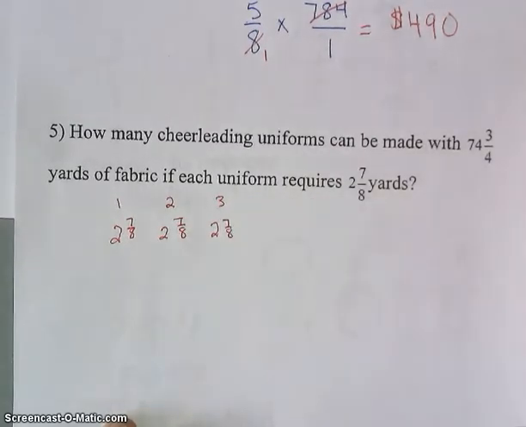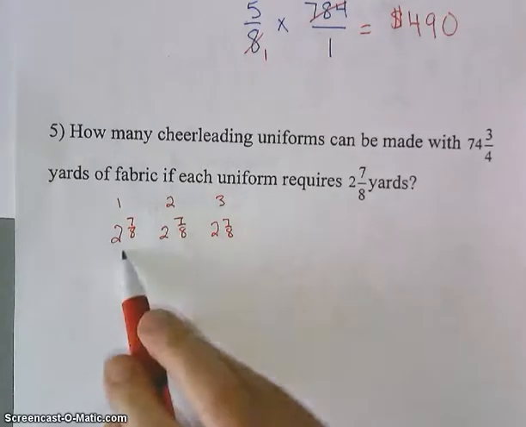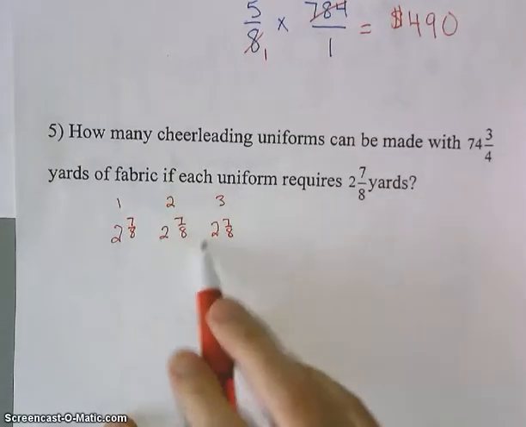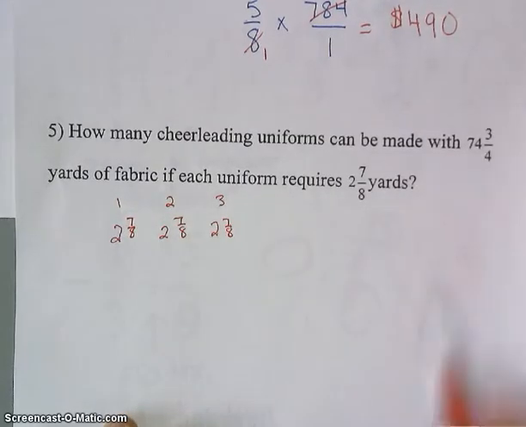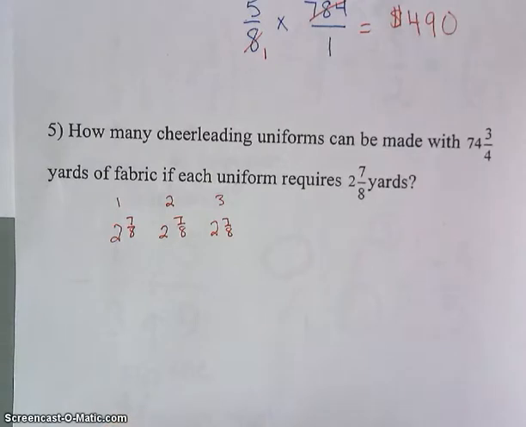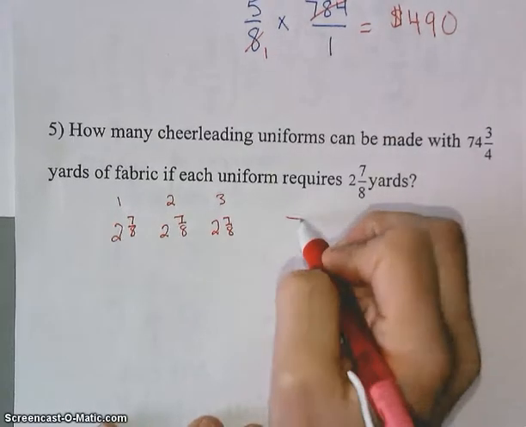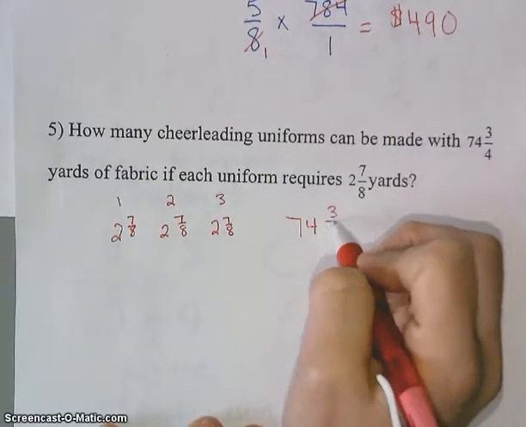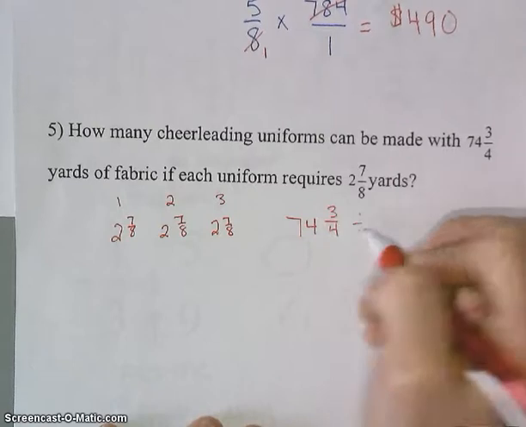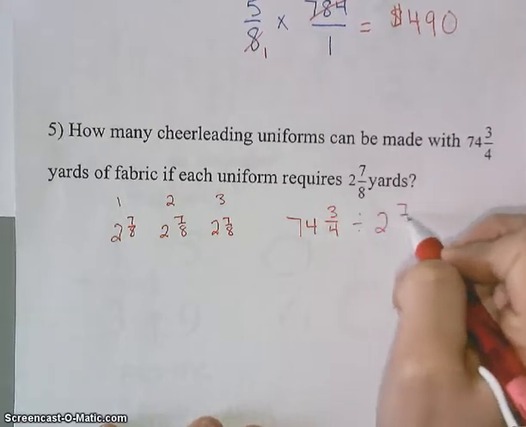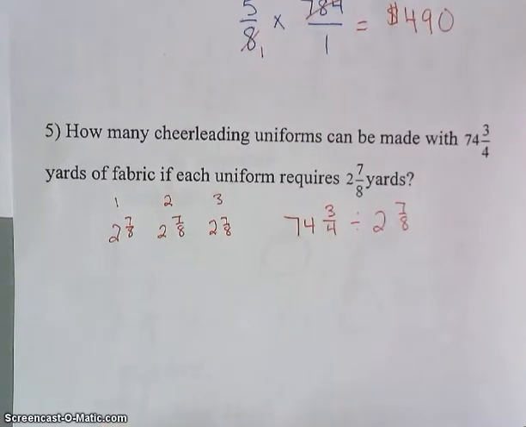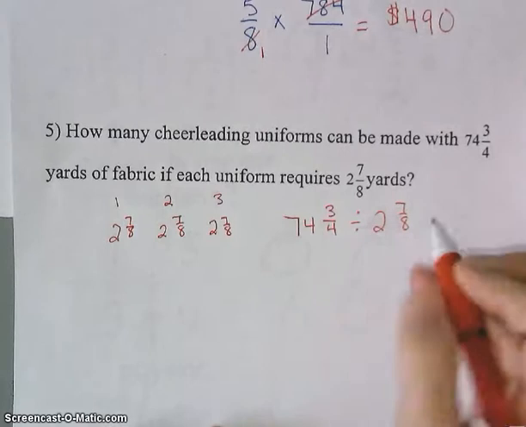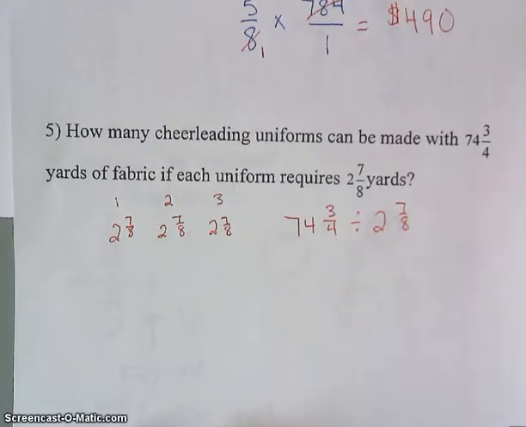Or I can find out how many times 2 7/8 goes into 74 3/4. So really I want to know 74 3/4 divided by 2 7/8. Because that is what I'm interested in. How many times can I get 2 7/8 into 74 3/4?